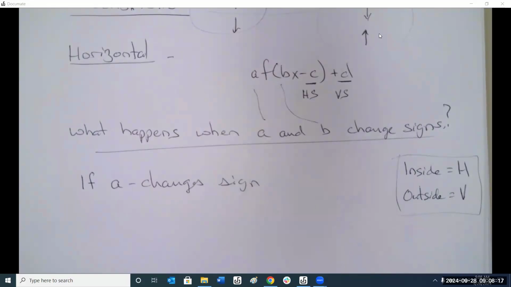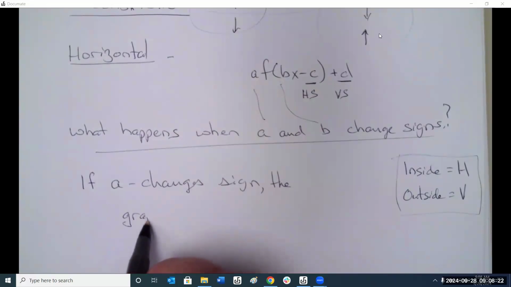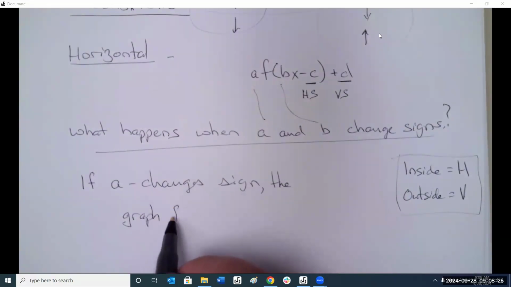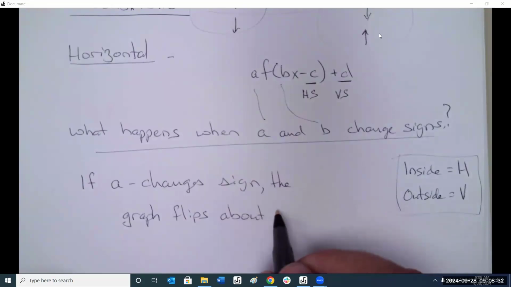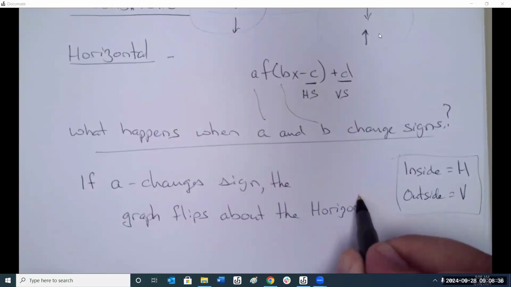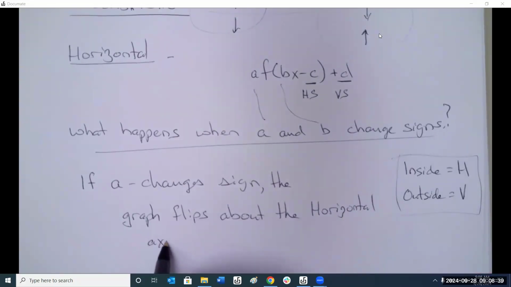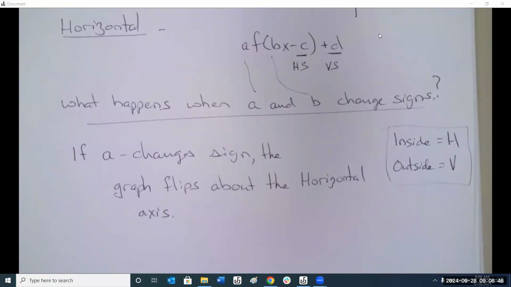If A changes sign, the graph flips about the horizontal axis.